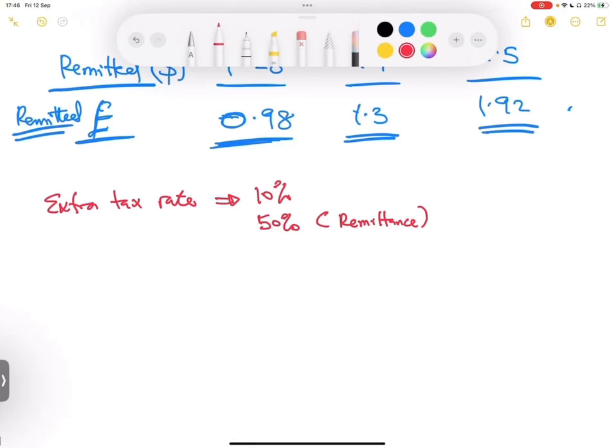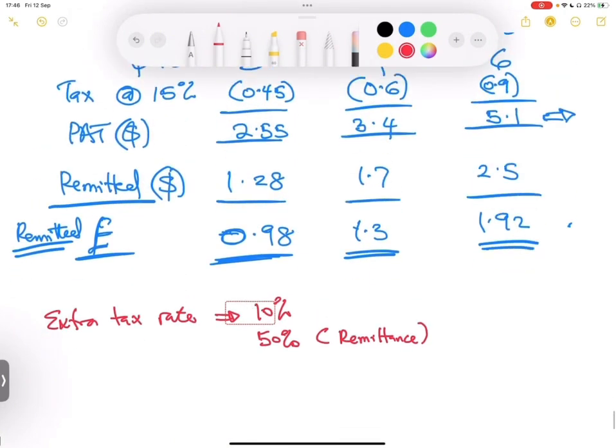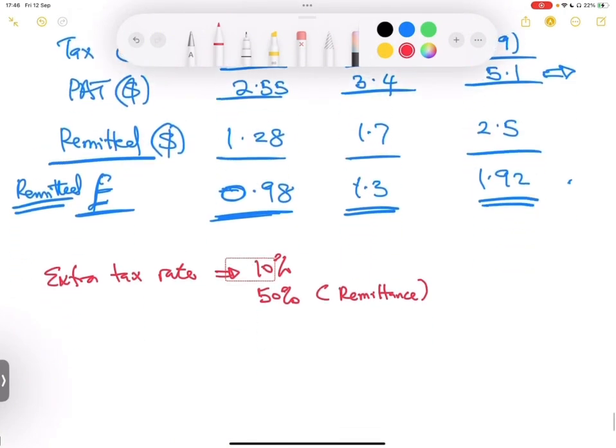And what has been remitted is going to be 50% of what we have made. How much did we make? We make $3 in year one, but in dollars. Let me break it down for you.